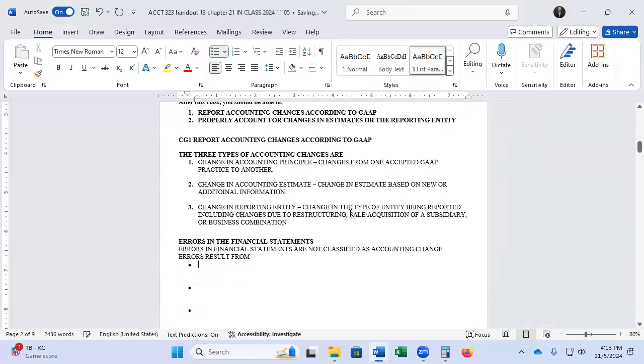Okay, keep in mind, errors in the financial statements are not classified as an accounting change. And what are some of the things that errors result from? Math mistakes. Human error. Inaccurate application of accounting principles.